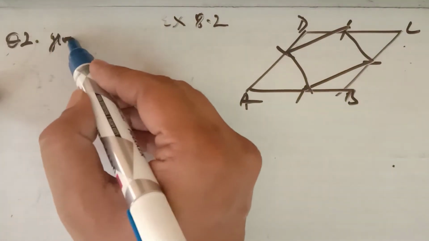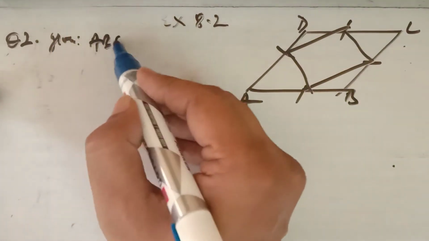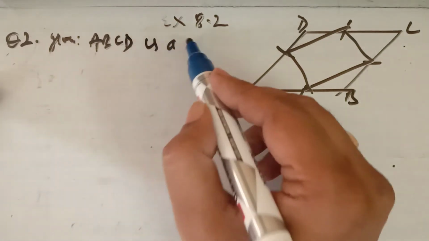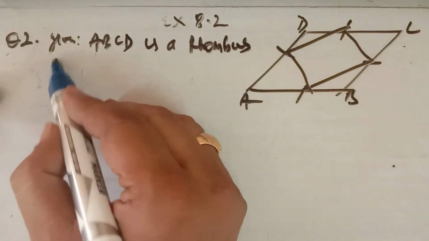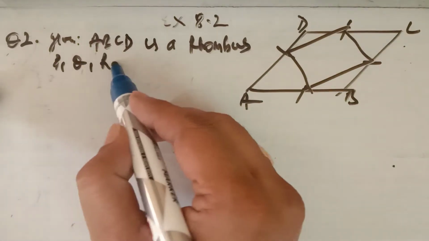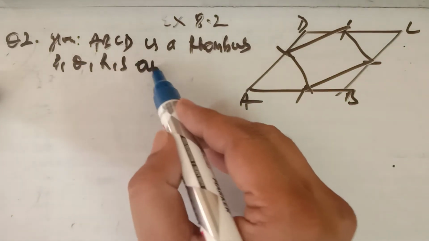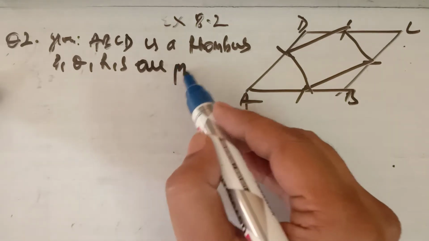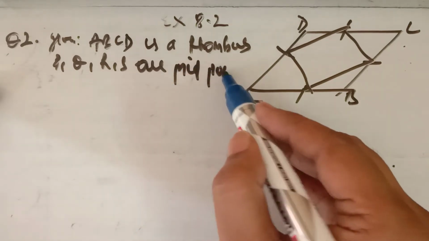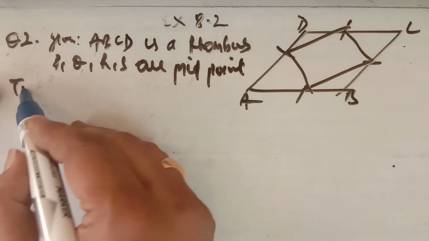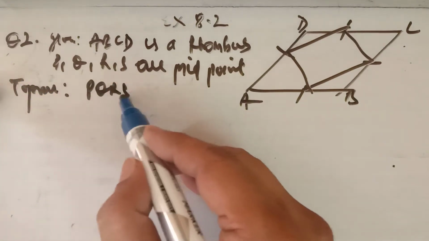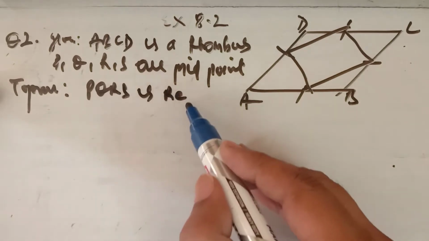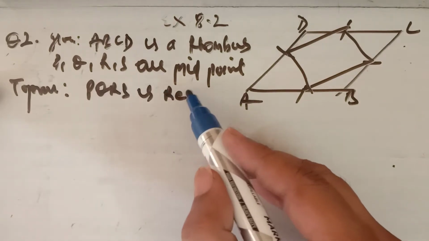So given ABCD is a rhombus, and P, Q, R, S are the midpoints of its sides. You have to prove that PQRS is a rectangle.